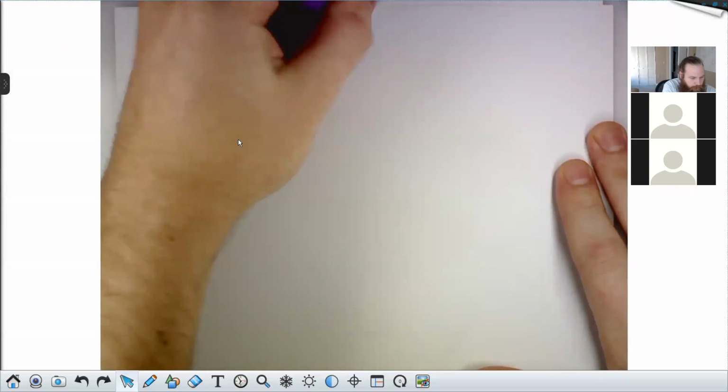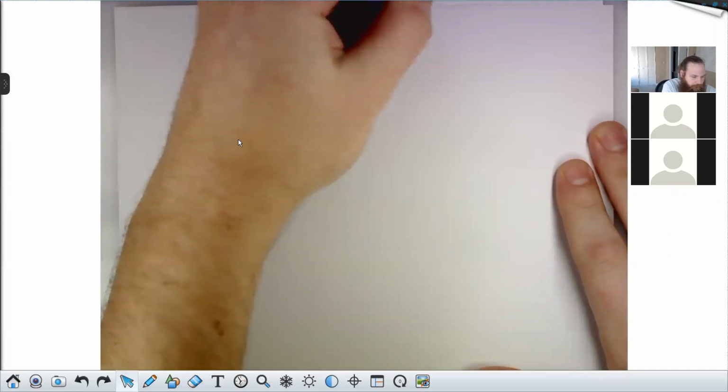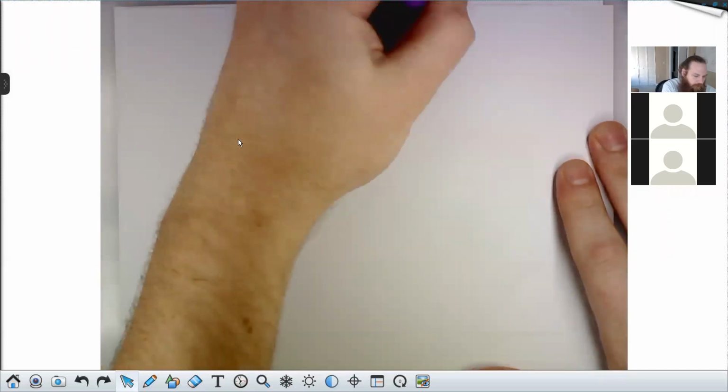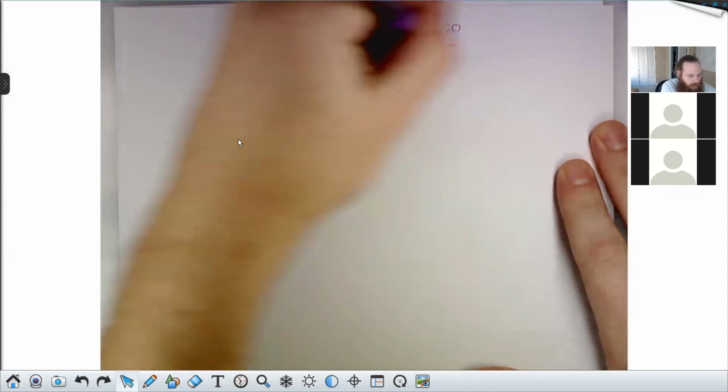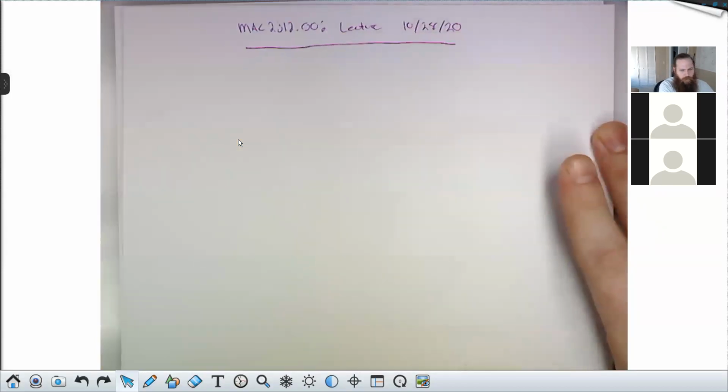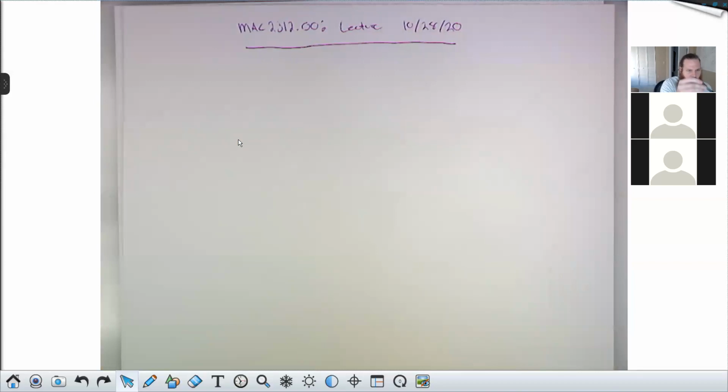No. Damn, this one's pretty fresh too. I don't know why it's misbehaving already. All right, we're going to try this. I'm going to switch to this kind of weird teal color. Hopefully it'll be nice and visible today.